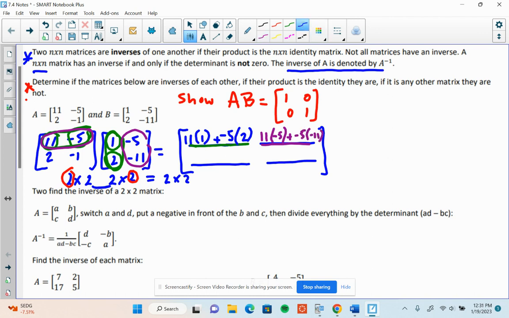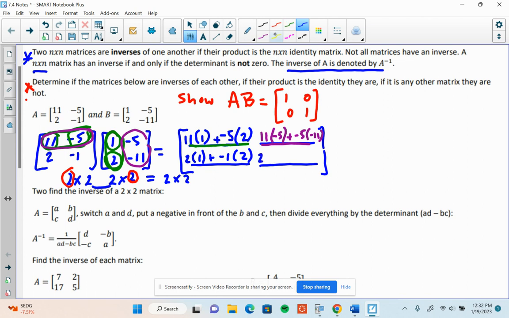I'm going to switch to blue and do these last ones faster. I'm in row 2, column 1, so I do row 2 with column 1: 2 times 1 plus -1 times 2. The last one I need to do is row 2, column 2.